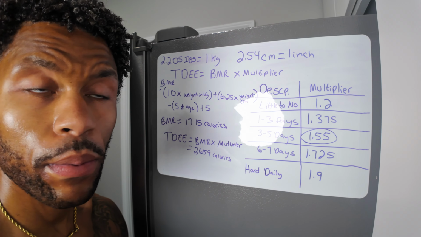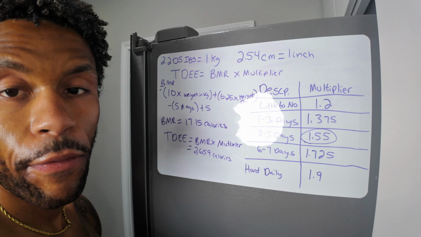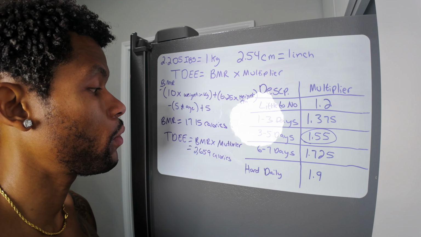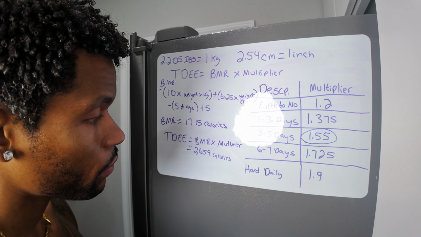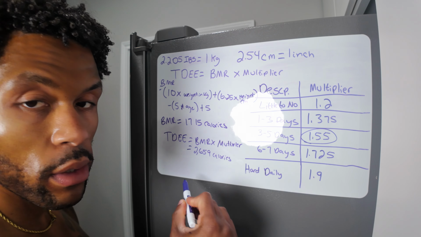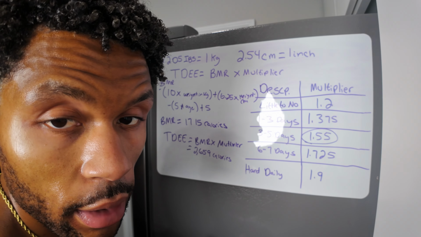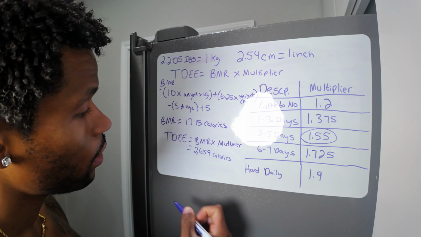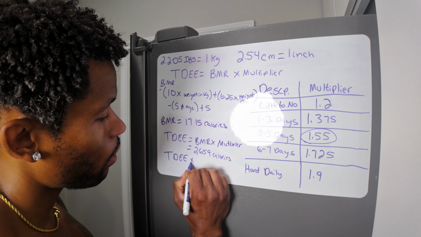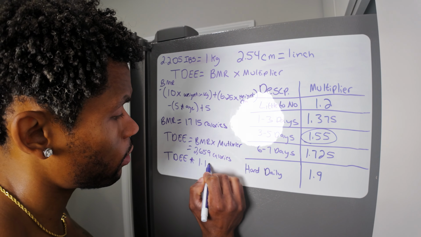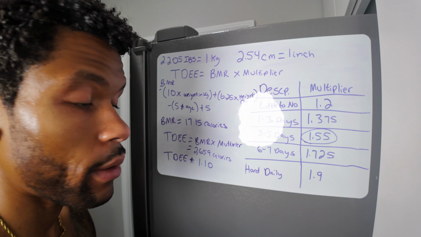So between that 5 to 20% range, I might do something like a 10% increase to my TDEE. If I multiply this by 1, it's going to be 1. So to make it 110%, adding that 10%, I'm going to multiply my TDEE by 1.10. The 0.1 is going to incorporate that 10%.